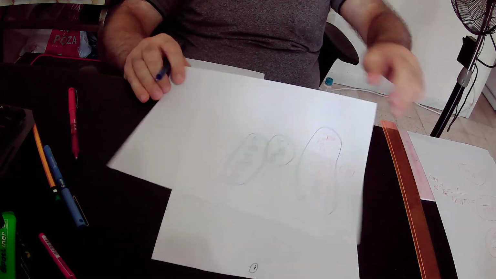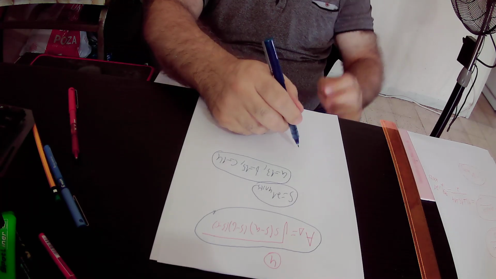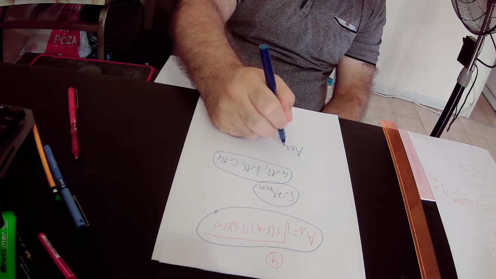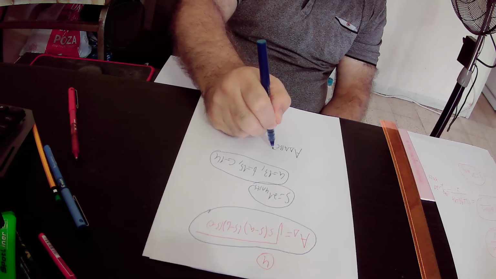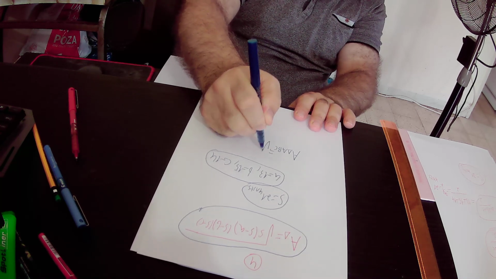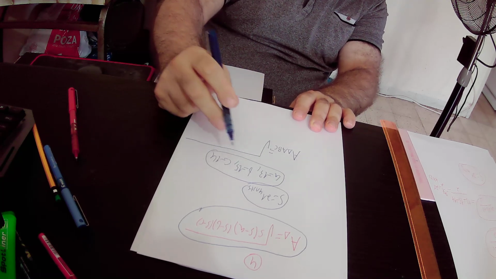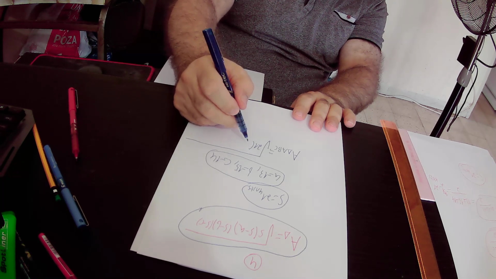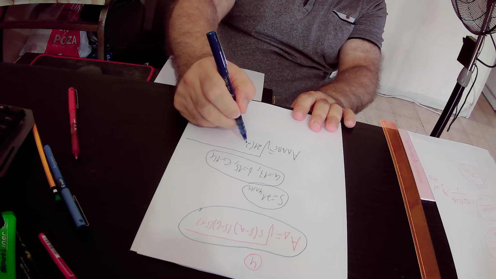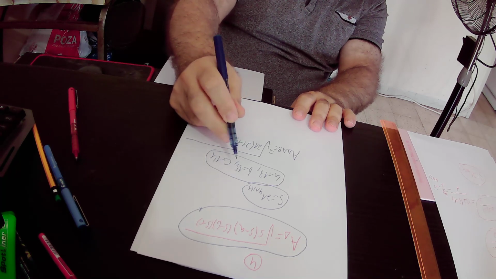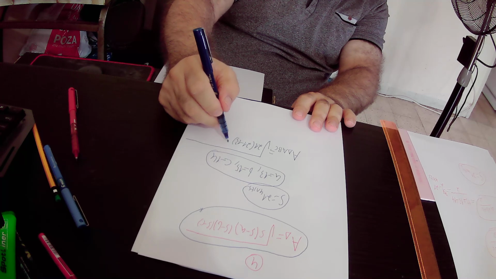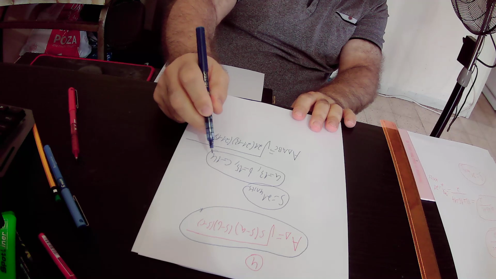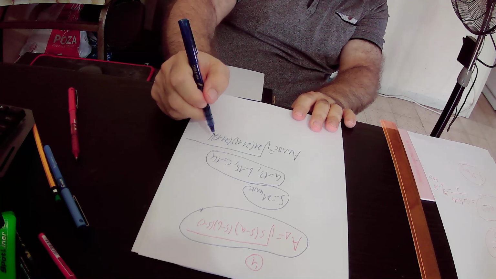So the area of triangle ABC equals the root of S, which is 21 units, S minus A is 21 minus 13, S minus B is 21 minus 15, S minus C is 21 minus 14.